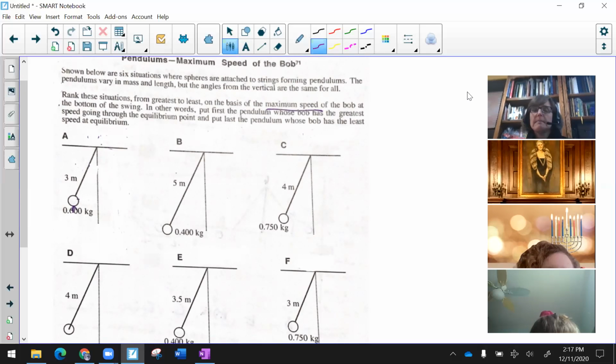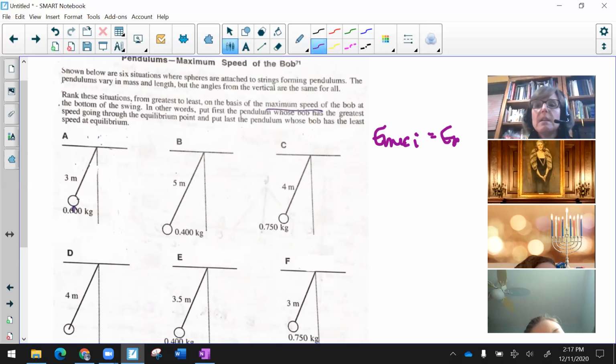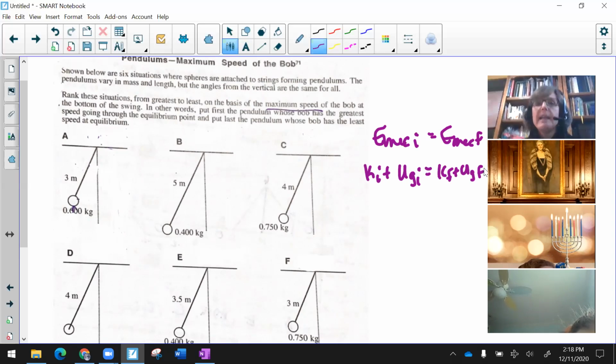It is released from rest. Yes, it's released from rest. So we're going to say that E mechanical initial is E mechanical final. K initial plus UG initial is K final plus UG final.